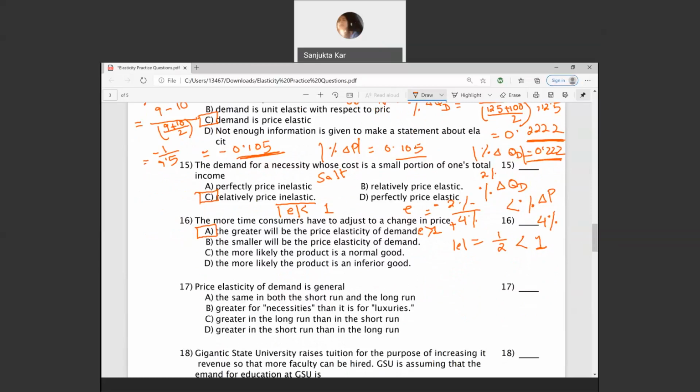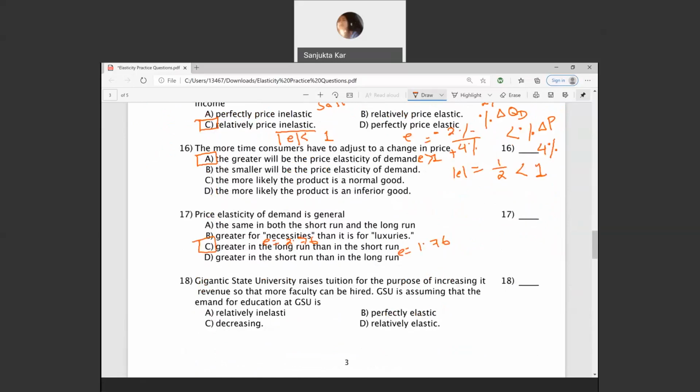Question 17. Price elasticity of demand is generally greater in the long run than in the short run. That means, say in the long run, the value is, I'm just using some random numbers here, 2.76. In the short run, this is 1.76. Question 18. Gigantic State University raises tuition for the purpose of increasing its revenue so that more faculty can be hired.